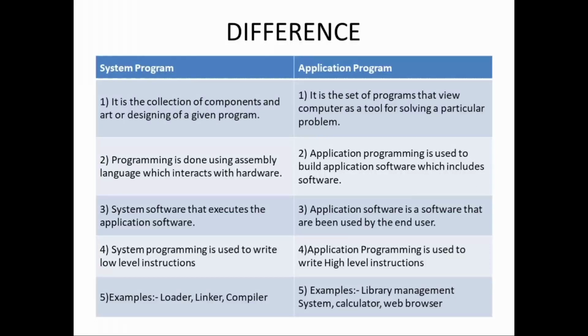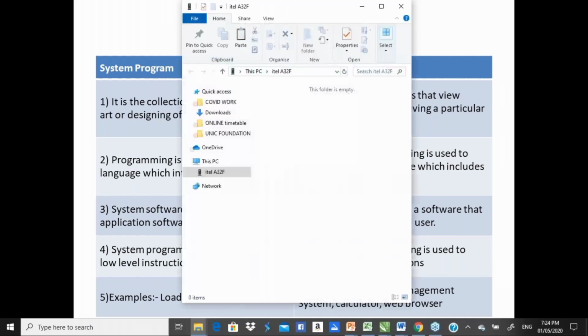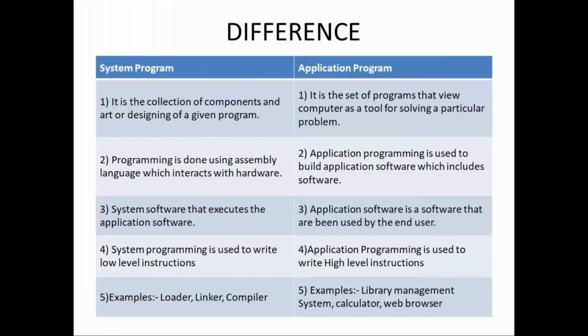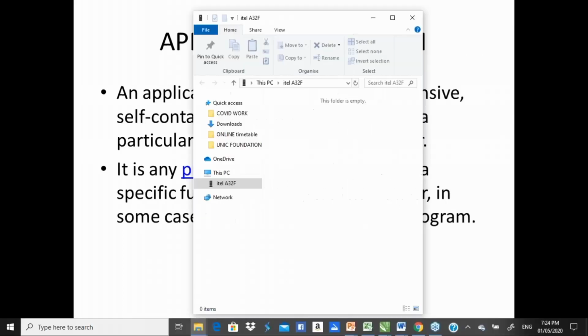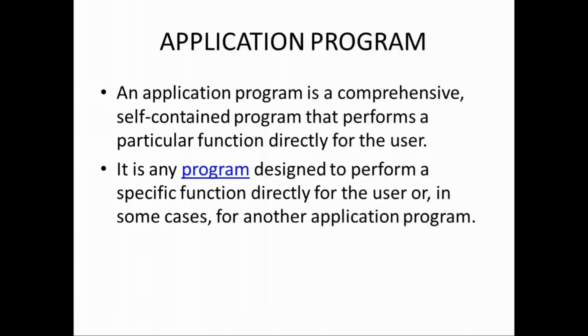Then from there we went on to look at the system program and application program, the differences between them. Then we talked about the basic 5 differences between these two. Then we looked at the application program.